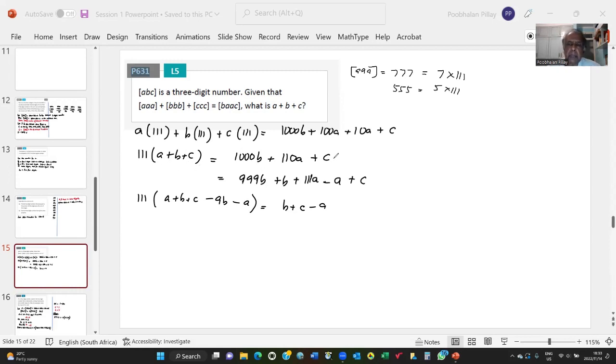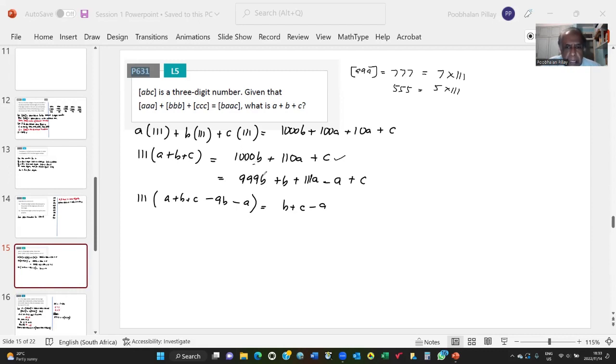Now this is where ingenuity comes in. You ask yourself, how am I going to calculate A plus B plus C when you've got this kind of thing? The trick is, why don't you take the number 999B, because that's also a multiple of 111.